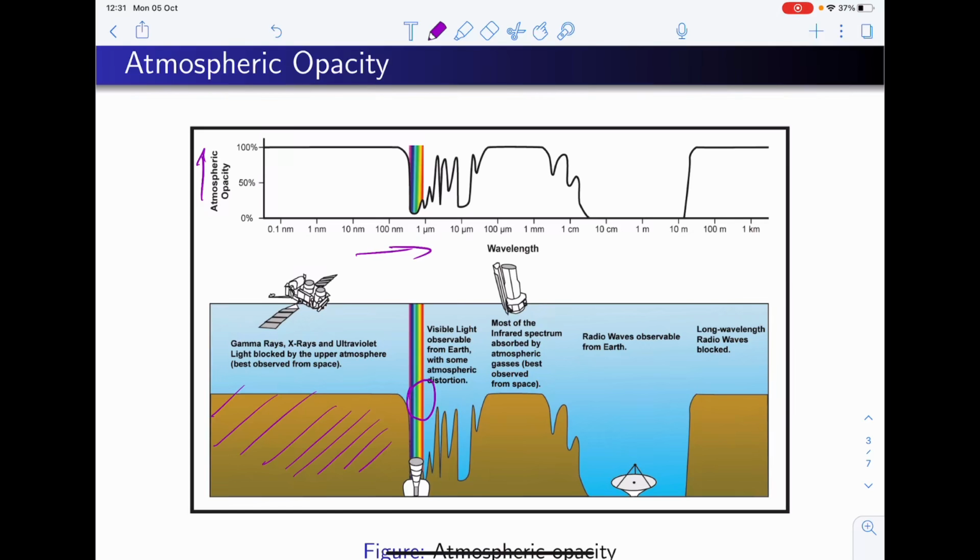There are patches of visibility for infrared, but it's mostly also blocked. But then we have this huge gap for radio waves. So we can see through our atmosphere, but also through the clouds of gas and dust. So radio is very advantageous because of these facts. It's one of the most interesting parts of the spectrum to study, and we will do a basic course on how to measure these radio waves using different techniques.